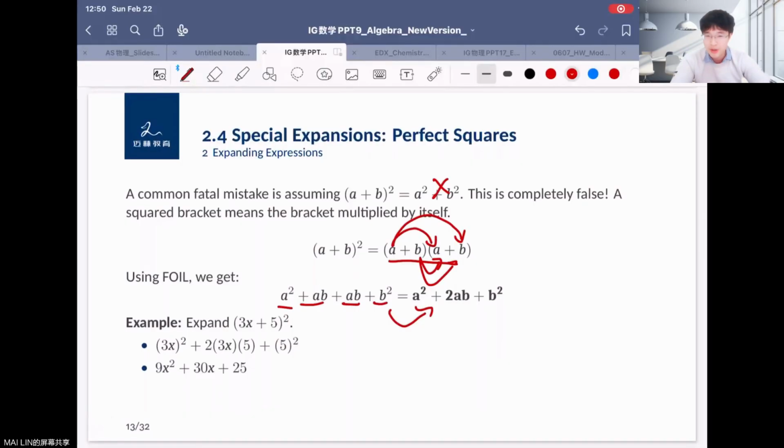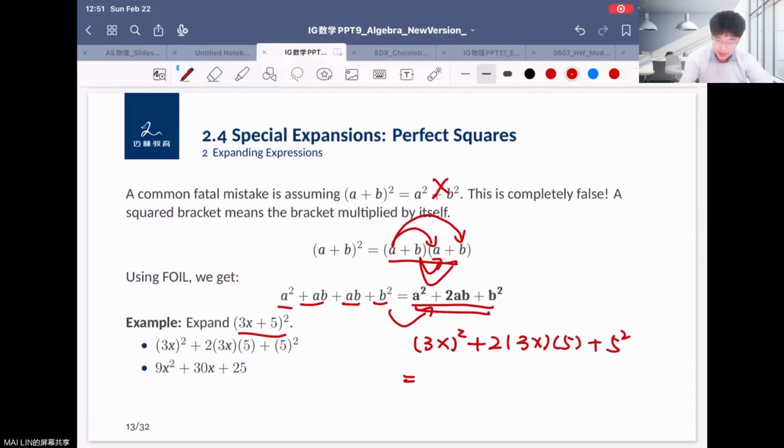For example, take 3x plus 5 squared. Using this conclusion, it is easy: 3x squared plus 2 times 3x times 5 plus 5 squared. So the answer is 9x squared plus 30x plus 25.